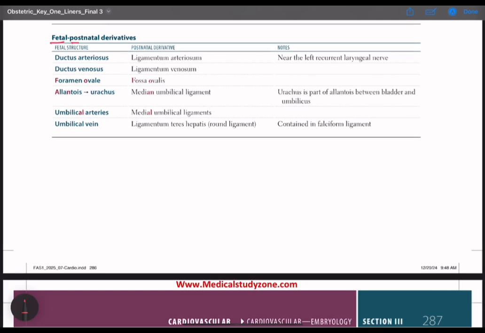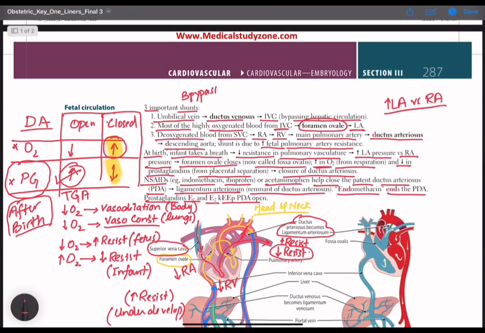Now let's review fetal structures and their postnatal derivatives. These are fetal structures and these are its postnatal derivatives. Now first of all, ductus arteriosus. Its postnatal derivative is ligamentum arteriosum. It is located near the left recurrent laryngeal nerve, or the left recurrent laryngeal nerve loops around ligamentum arteriosum.